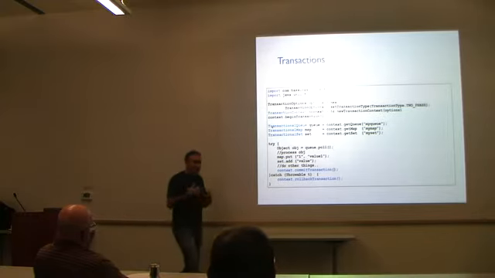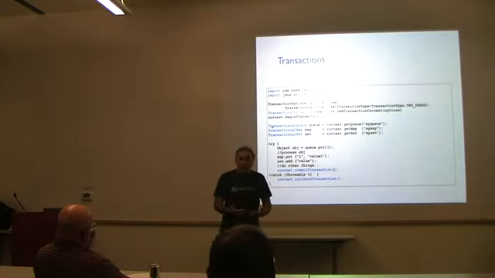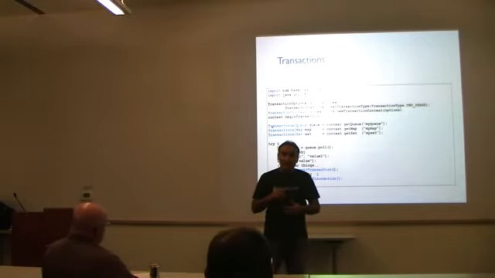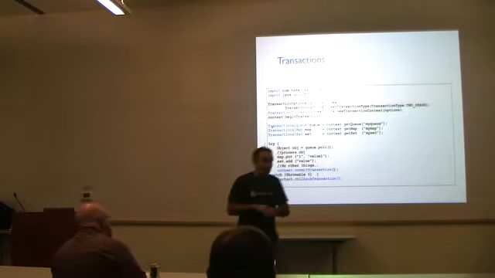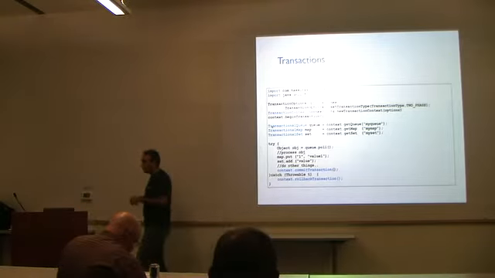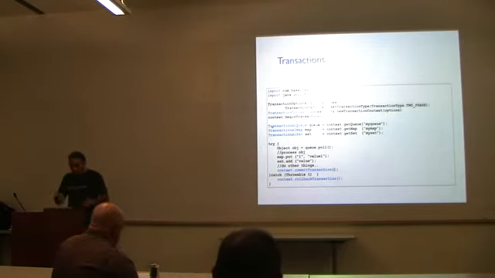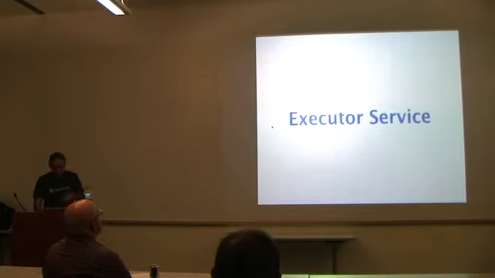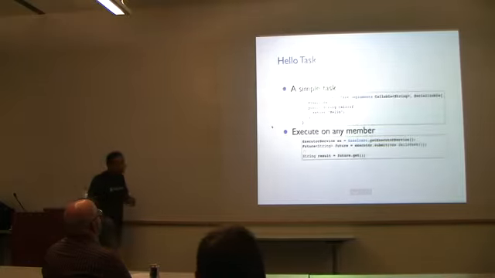Yes. What's the durability level? Is it disk? No. It's an in-memory copy on some other node. Of course, you can set more than one copy if you really want more security.